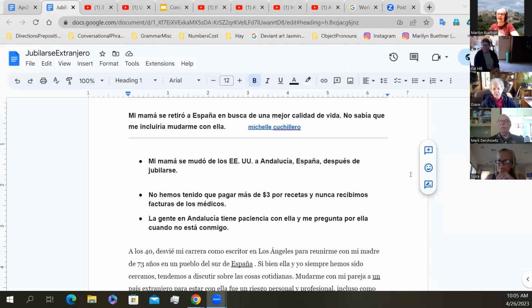Retirar technically is withdraw. So yeah, I guess you're withdrawing from the workforce. Retirarse is also used for retiring. And even though it looks like a direct cognate, you really do hear jubilar more, and jubilar did pop up later in the article.